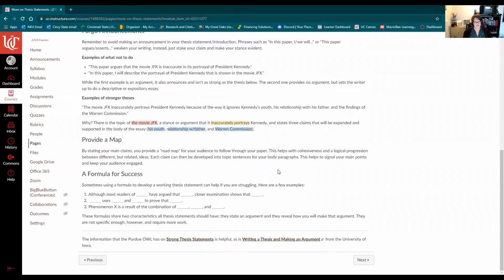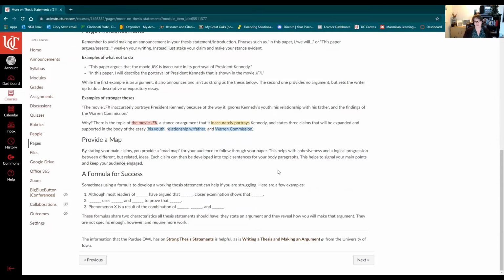So a thesis, as I said before, provides the readers with the direction that you're going to take them in your paper. It provides the reader with a map. So when you're stating your main claims, you provide that roadmap for your audience to follow you through your paper. And this helps with cohesiveness and a logical progression between different but related ideas.